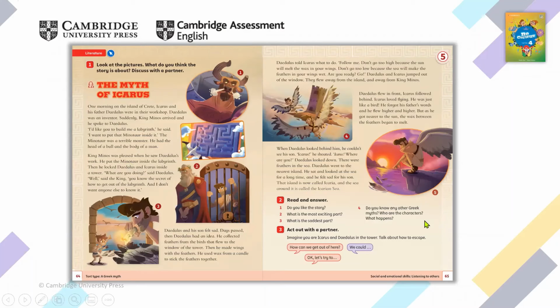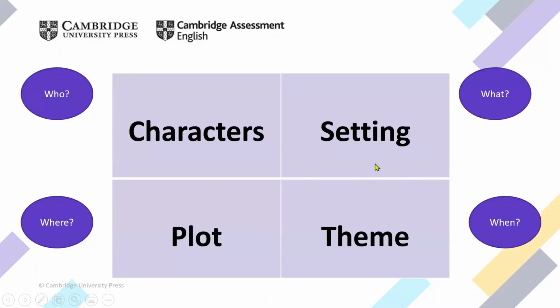You have here the activity with some questions, but we can ask for our students' point of view, opinion, and also for them to have a more active role in the activity, asking questions about the characters, the setting, the plot, the theme, with WH questions. So this way, I think students are going to engage more deeply. I don't know if you can say that, George, but they are going to engage more with the story, and they are likely to take a lot more from it.